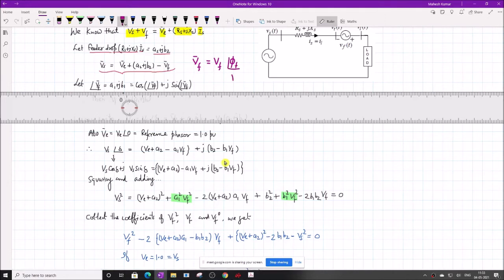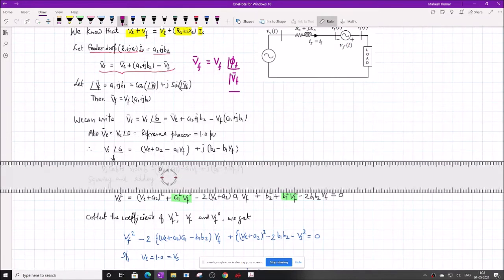So what is phi f? Phi f is the angle of Bf. So what must be the angle of Bf? Any guess? The angle of Bf must be 90 degrees to the current flow.